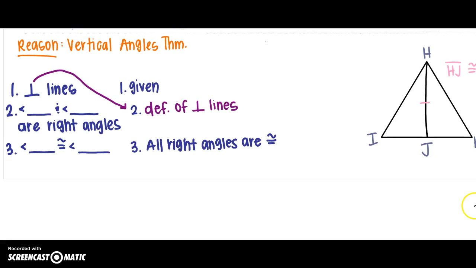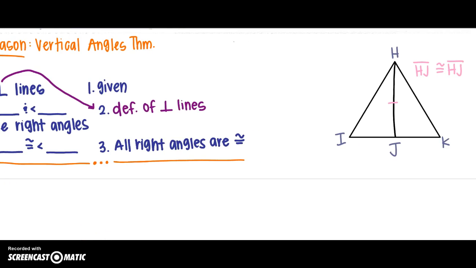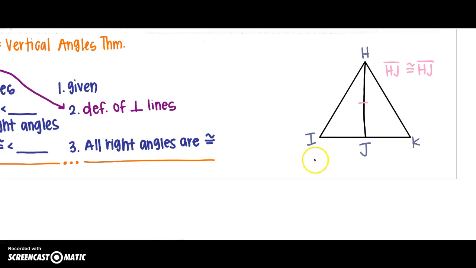Some other things that we might look at when we look at a proof: maybe even in this picture, I know that J is the midpoint of IK, which is given. Remember, a midpoint is always going to split that side that I'm talking about in half.